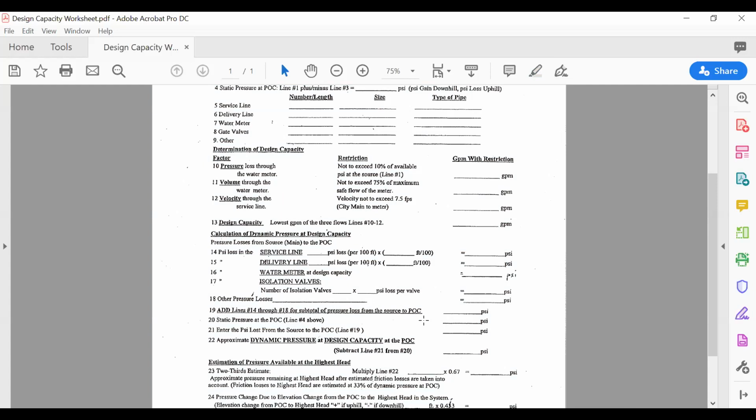Line 20 is the number on line number 4, which is 56.58. Line 21 should be what we just had, which is 10.63.